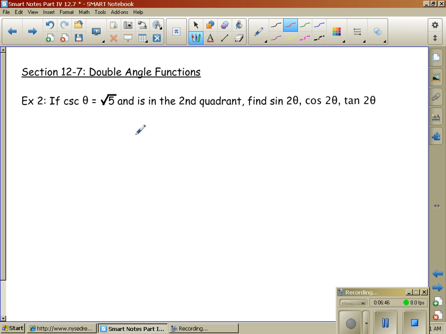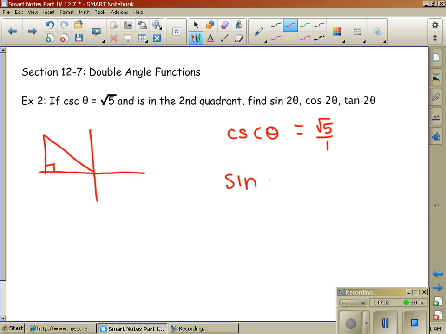Okay, quadrant 2 again. Cosecant, reciprocal of sine. So if cosecant theta equals square root of 5, we can call it over 1. Then the sine theta equals 1 over the square root of 5. So here's your theta. Sine is opposite over hypotenuse.